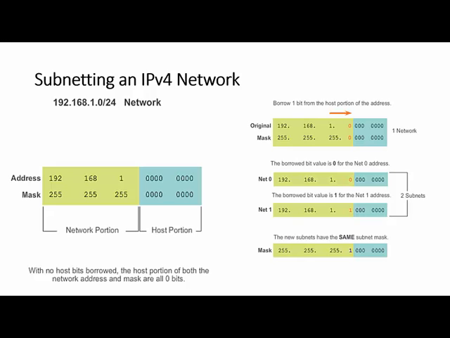For each bit borrowed, the number of subnets available is doubled. For example, if one bit is borrowed, 2 subnets can be created. If 2 bits are borrowed, 4 subnets are created. If 3 bits are borrowed, 8 subnets are created, and so on. However, with each bit borrowed, fewer host addresses are available per subnet.